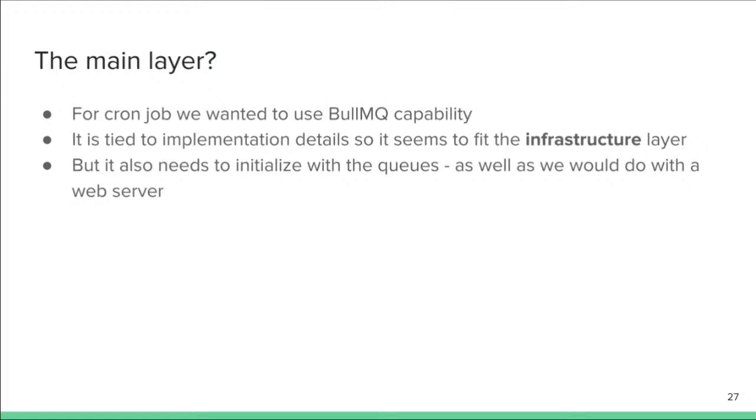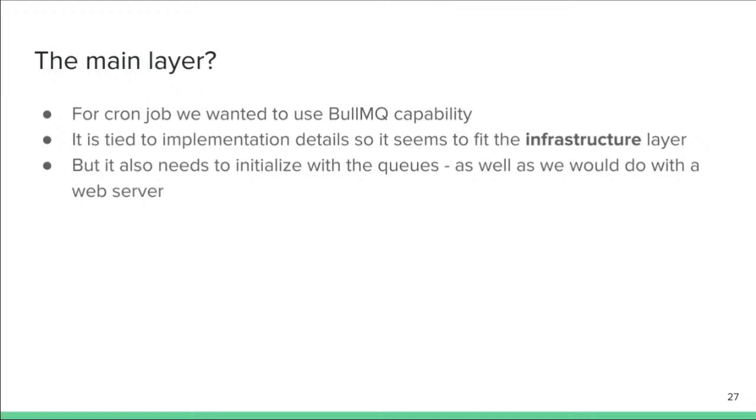It's a kind of rubber ducking, but for defining where to put things. So since we were about to use a BullMQ capability, and it seems something really concrete, it seems to fit the infrastructure layer, and I can agree with that.